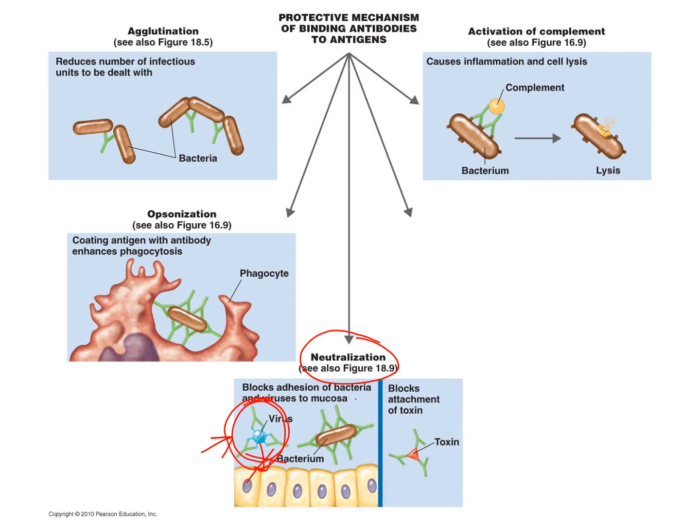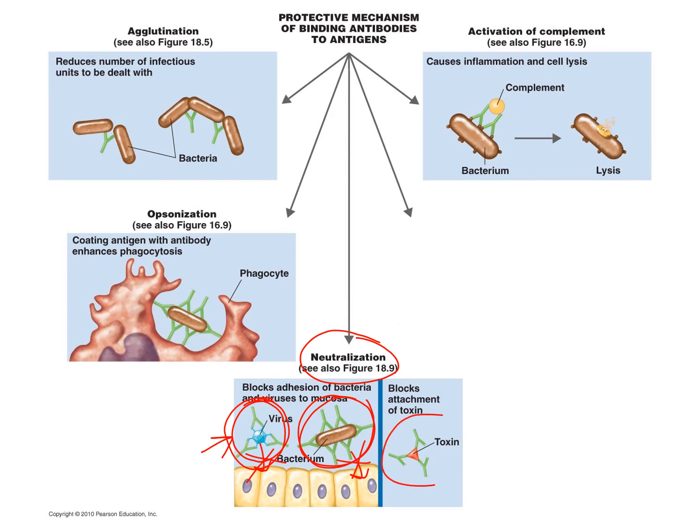Also, IgA is really good at preventing attachment. This shows IgG, but IgA is also good at preventing attachment. If it binds all over the microbe, all over the capsule, all over the fimbriae, then the bacteria is unable to attach to the tissues and it will be washed out or flushed out.